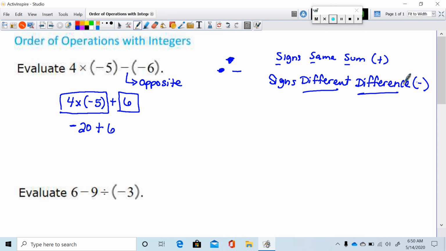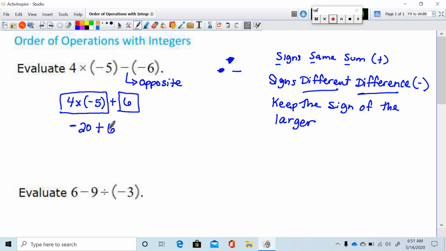That means you subtract. I remember those because difference and difference look alike. Now, keep the sign of the larger. And I'll explain that in a moment. This is for addition and subtraction of integers.